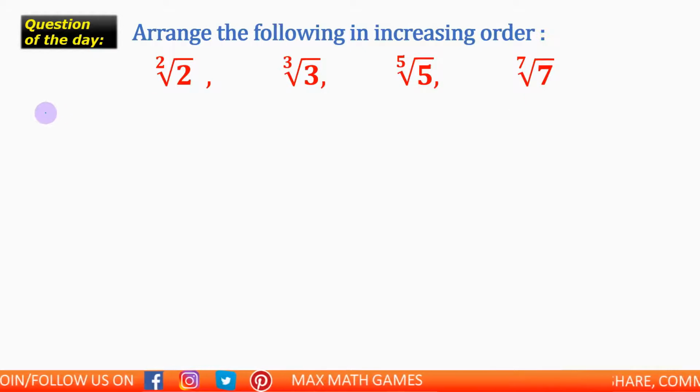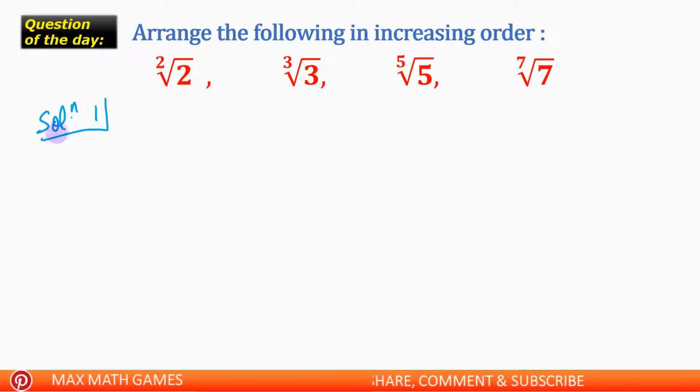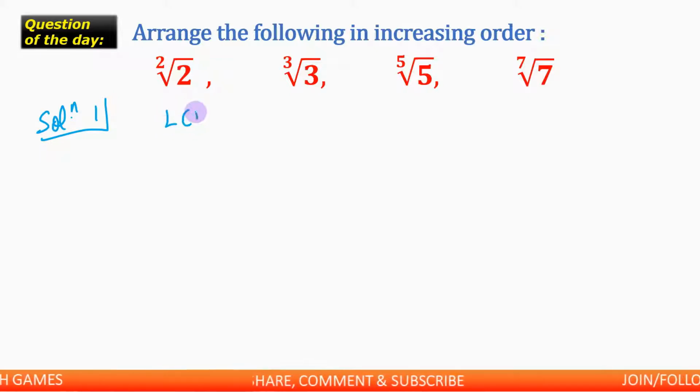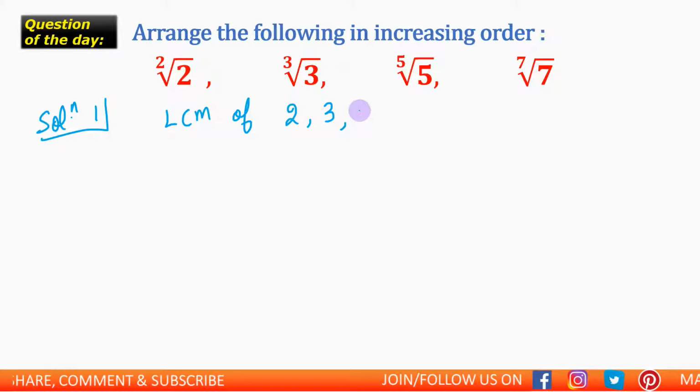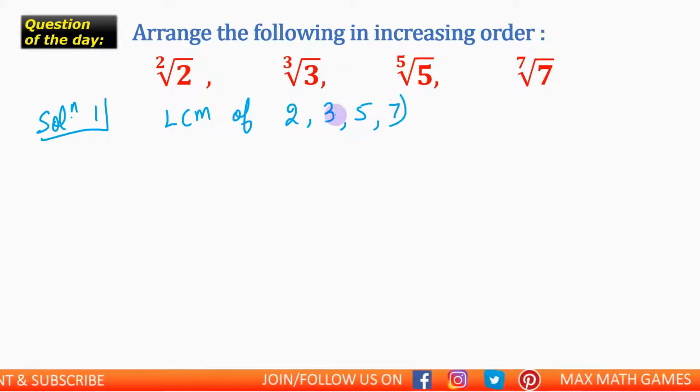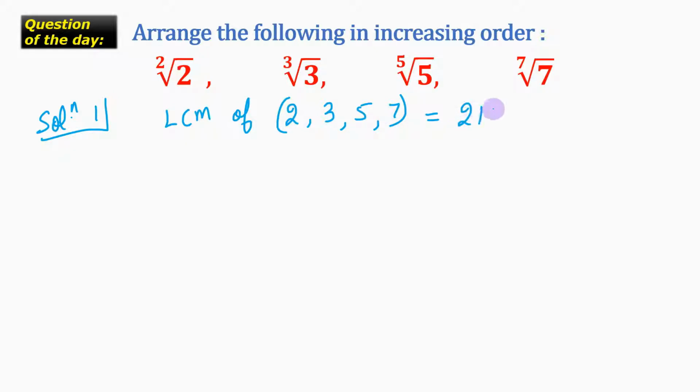Alright, so one solution, solution number 1, can be that we take the LCM of the powers. So we take the LCM of 2, 3, 5 and 7, which comes out to be 210. Now we raise these numbers to the power 210.